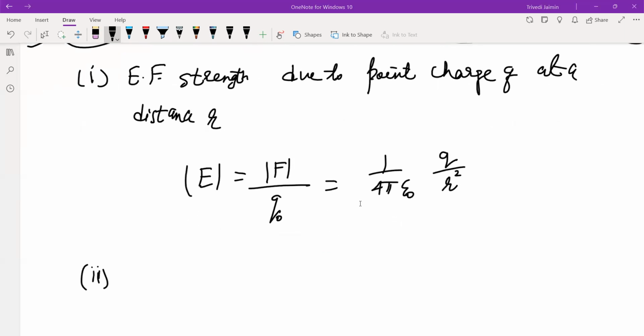Second one, or let's write in vector form first. Now how to write in vector form? Ditto same what we did before, same thing we are going to do.